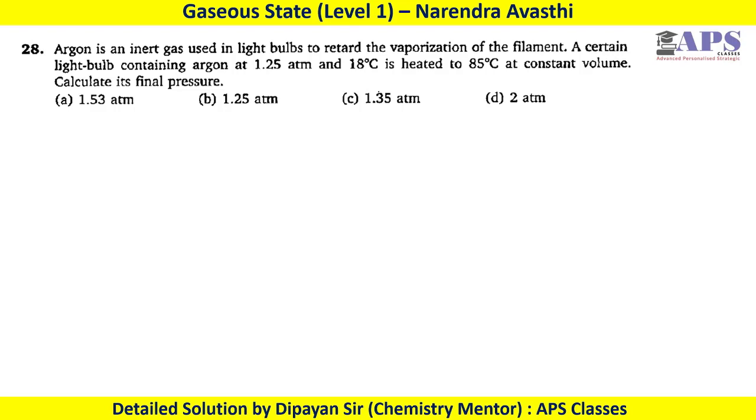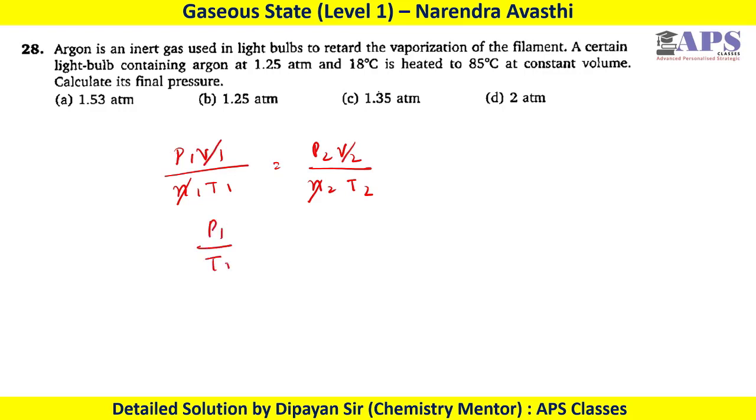Calculate the final pressure. Again this is a problem of P1V1 by N1T1 equal to P2V2 by N2T2. The number of moles is constant because it is a closed bulb, and this is a bulb, so it cannot expand, so volume is also constant.